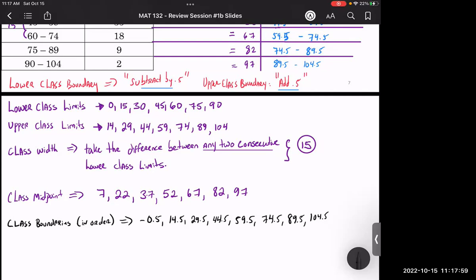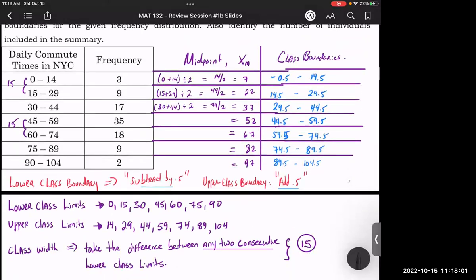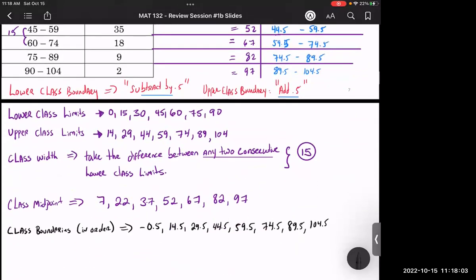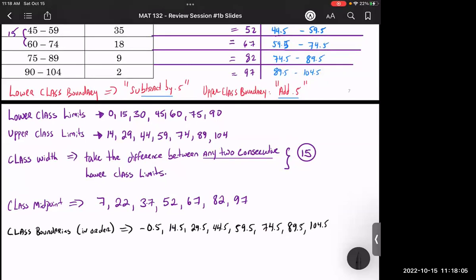The last thing now is to figure out the number of individuals in this data set. So I'm just going to write the formula down here below. We say that the number of individuals is equal to your total frequency.